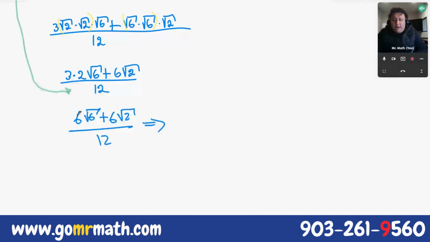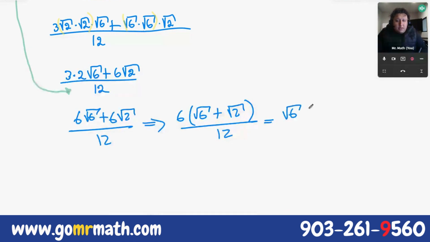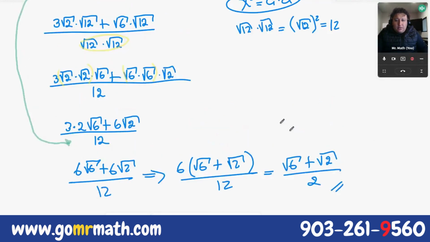Let's find a common factor on the numerator: 6 times root of 6 plus root of 2, divided by 12. Let's divide the numerator and denominator by 6, and we'll have root of 6 plus root of 2 over 2. And this is our final answer.